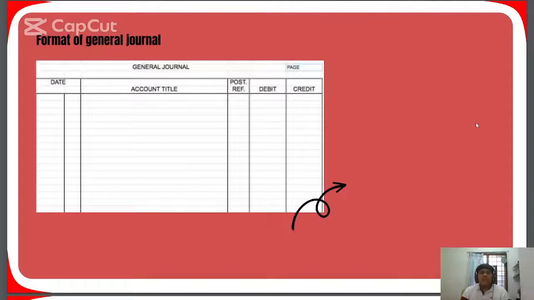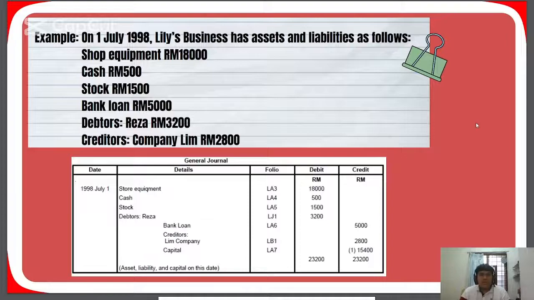So this is the example of the format of the general journal. So here's one of the examples. On 1 July 1998, Lily's business has assets and liabilities as follows: shop equipment RM 18,000, cash RM 500, stock RM 1,500, bank loan 5,000, debtors Reza RM 3,200, and lastly creditors company name RM 2,800.